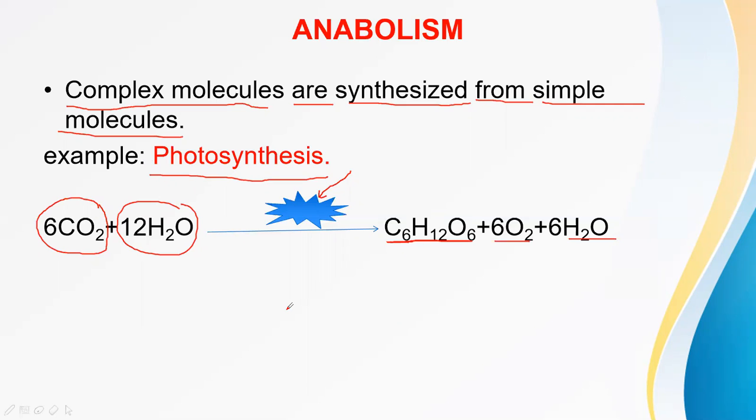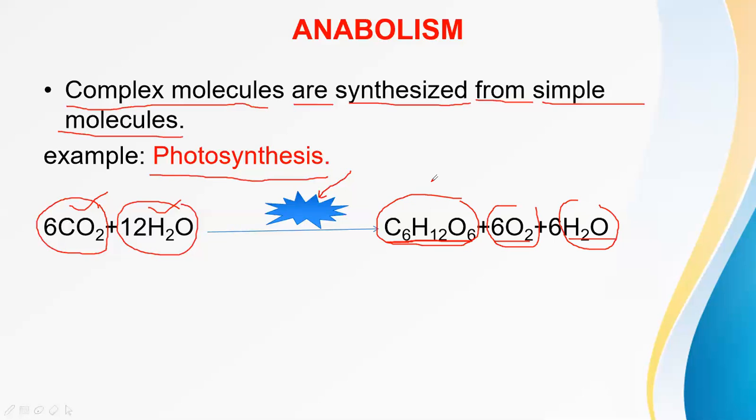So in this reaction, we see these two simple molecules, carbon dioxide and water, by using light energy, synthesize this complex molecule, glucose, and the byproducts are oxygen and water. So anabolic pathways consume energy to build complicated molecules.